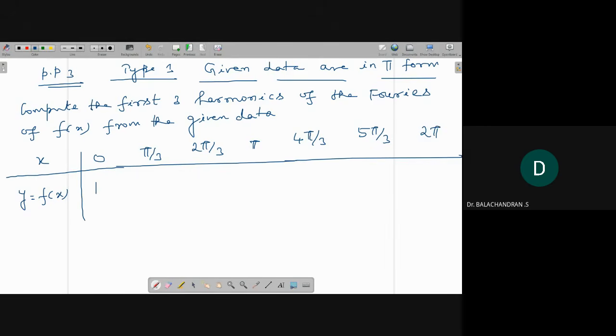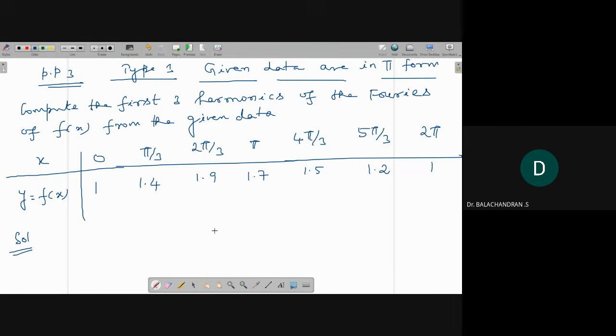And f of x is 1, 1.4, 1.9, 1.7, 1.5, 1.2, and 1. Here also, I will just give the hint.